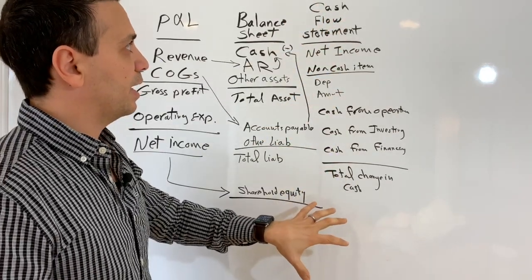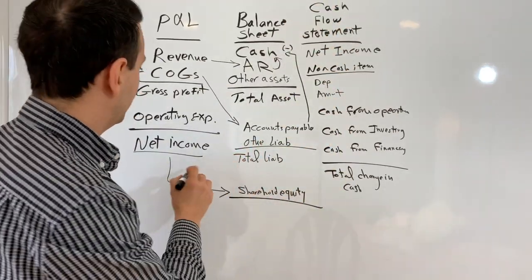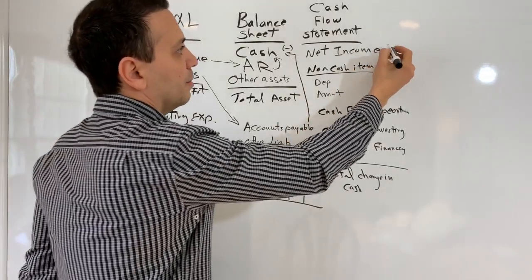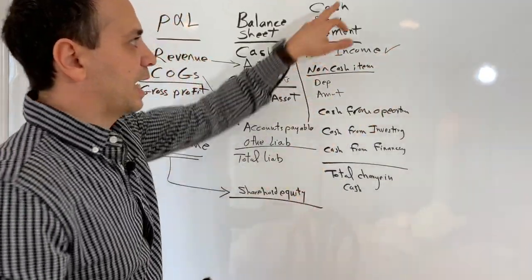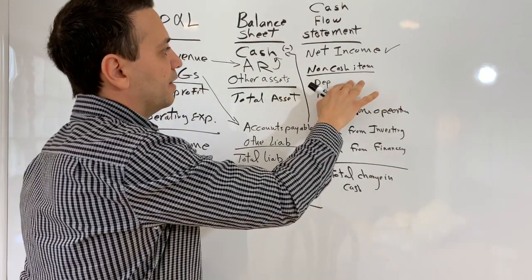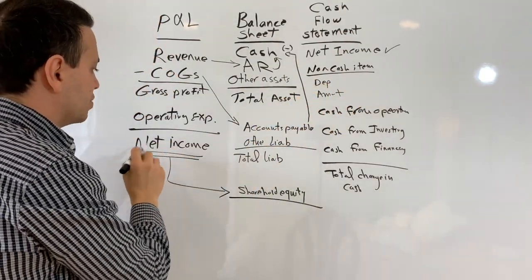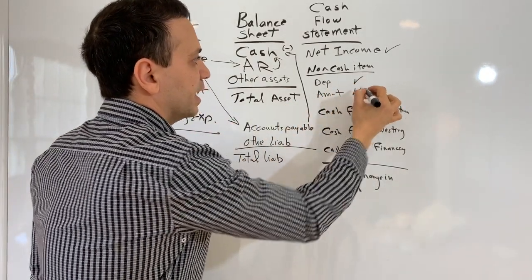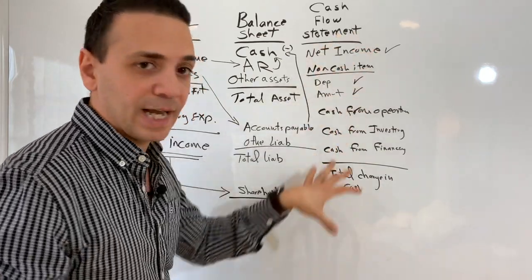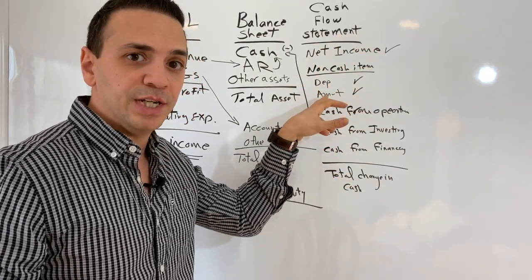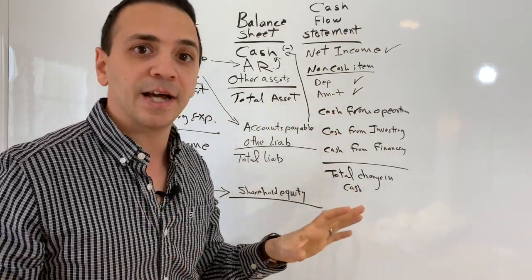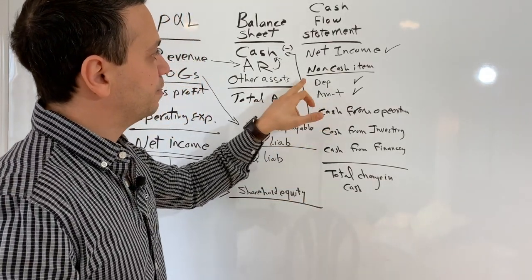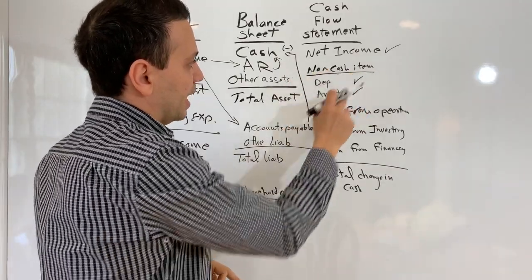Now, the same can apply to the cash flow statement. The net income that results from operation will then become the beginning of your cash flow statement. And then, other items that go in the income statement, such as depreciation and amortization, will be then added back in the cash flow statement, because depreciation and amortization are non-cash. You're not spending any actual money. And so that's the non-cash item.